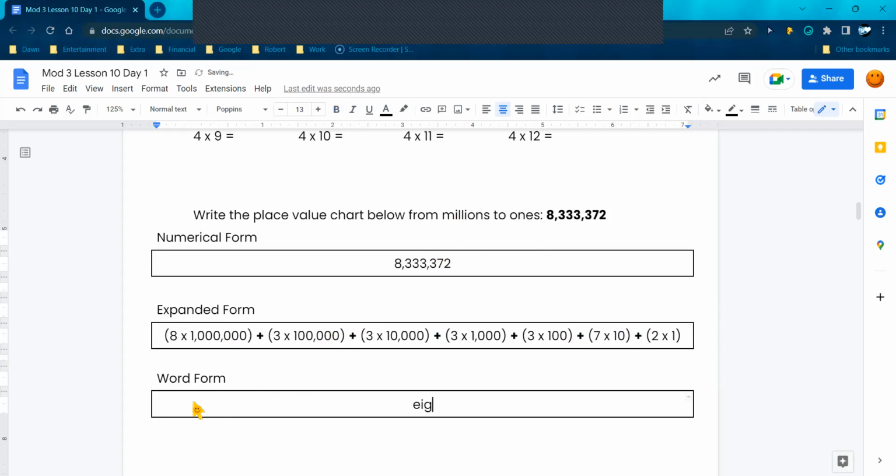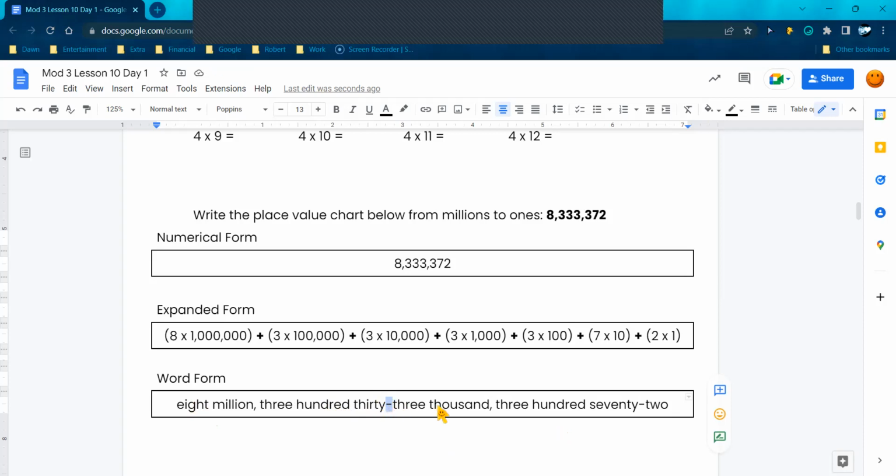So we have 8,333,372. So now we're writing it out in word form, and look here between our tens and thousands.